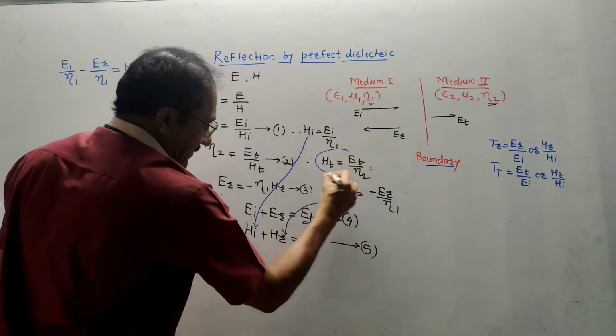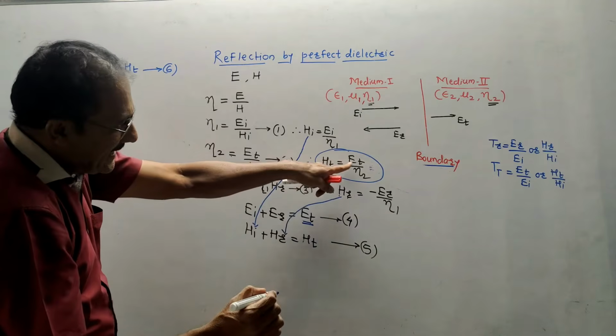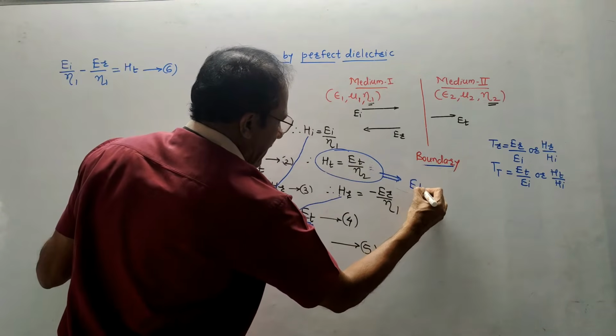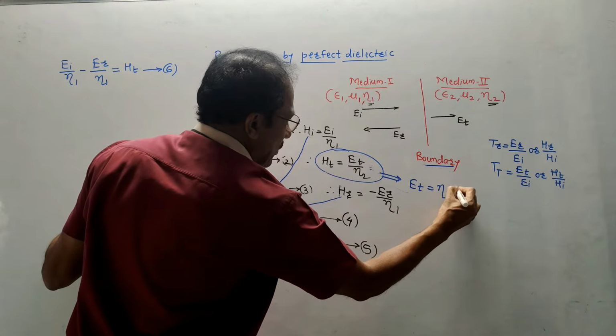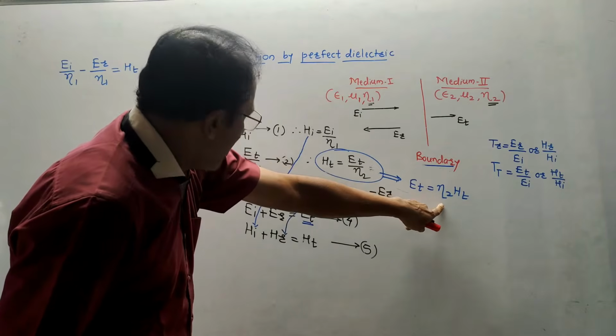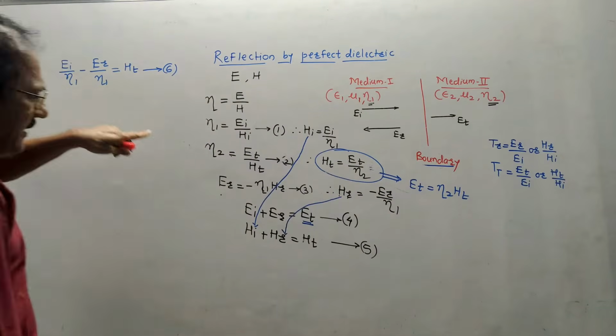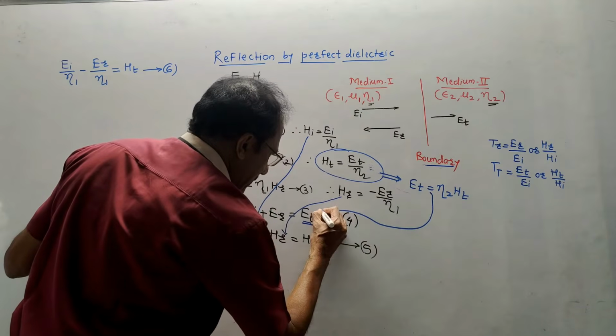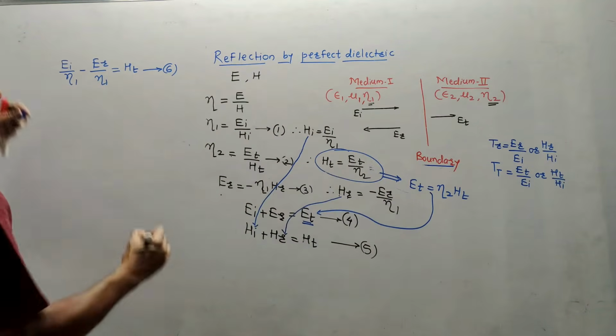Now refer to this equation. We have HT is ET upon eta 2. From this equation, I can write ET is equal to eta 2 into HT. So I am putting this value in place of ET in equation number 4.